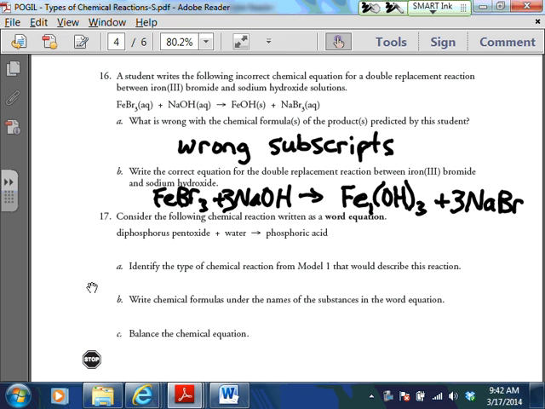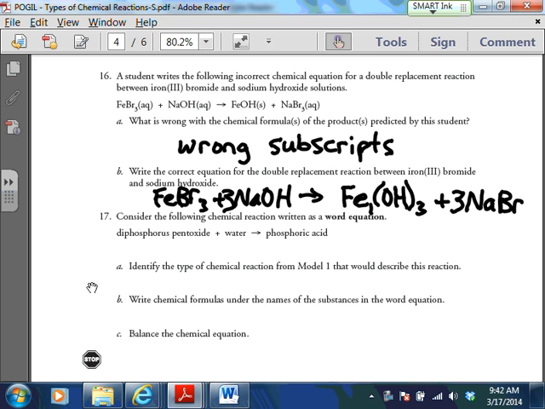If the whole thing was in parentheses and there was a 3 on the outside of it, then it would apply to everything. But the 3 only applies to the stuff that's inside the parentheses. If you put the 3 in the parentheses, then it's just for the hydrogen. That 3 is just for the hydrogen, not for the oxygen, so it's got to be on the outside. It is just like distribution. Yep.